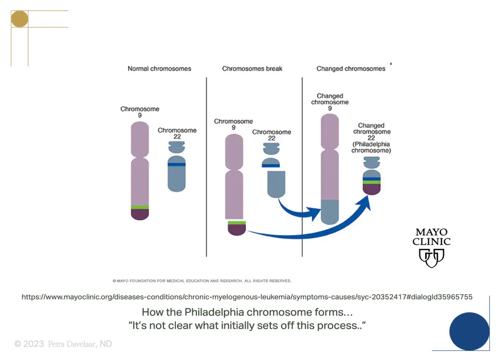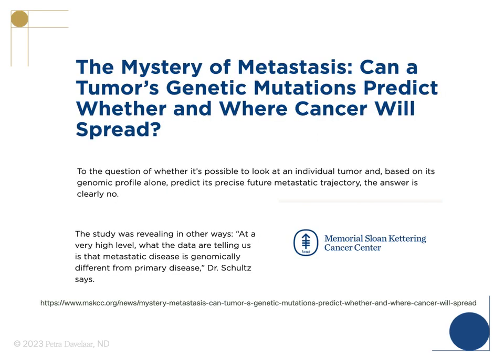The number of mutations found in any cancer can vary from a handful to many more, usually hundreds or thousands. In metastasis, in the same patient and in different parts of the tumor, we will find completely different mutations. Memorial Sloan Kettering conducted analysis of 25,000 patients over a period of 6 years and explored the question of whether it's possible to look at an individual tumor and, based on its genomic profile alone, predict its precise future metastatic trajectory.